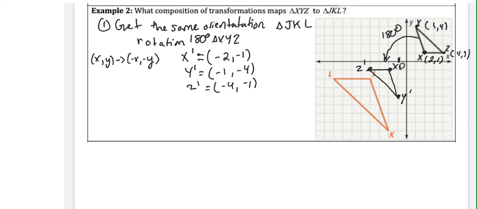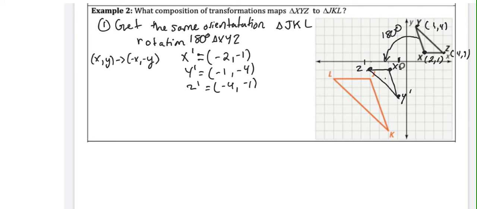Now the last piece is to somehow map this new prime triangle to JKL. We can see this X prime, Y prime, Z prime is smaller than JKL. So let's find the dilation that's going to get X prime, Y prime, Z prime to JKL.